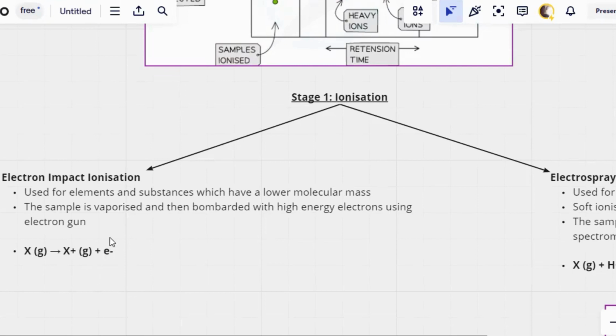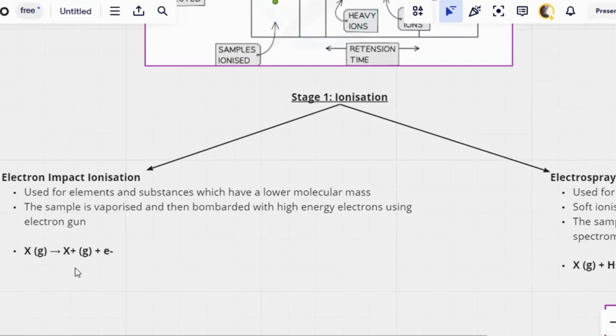The positive ions which have been formed are called molecular ions, M positive, as we discussed before. These are then attracted towards a negatively charged plate because they are positive in nature.